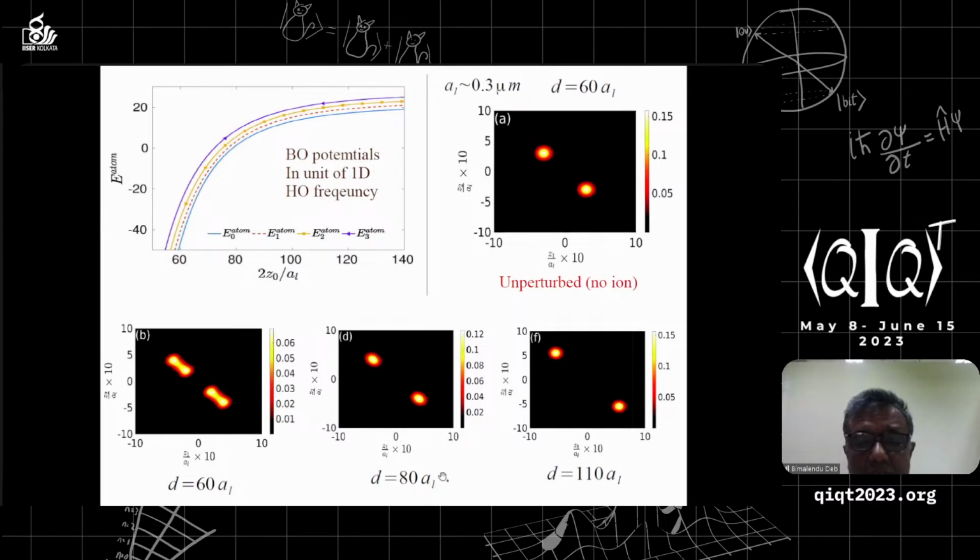And if we increase the distance to 110 AL, it is reduced to almost the original unperturbed wave functions. So there is an intermediate distance where the ion-mediated interaction is quite strong.